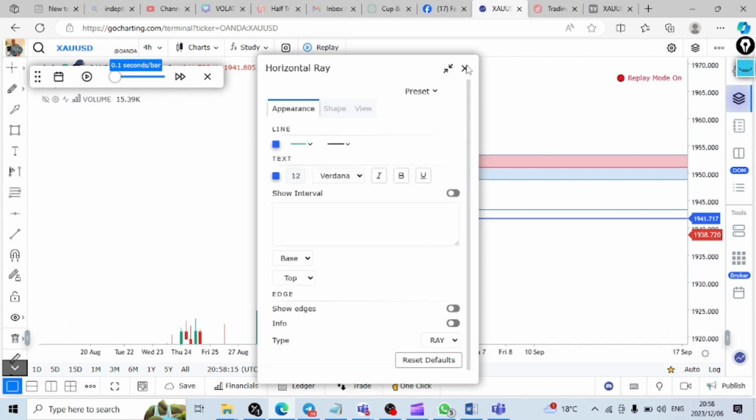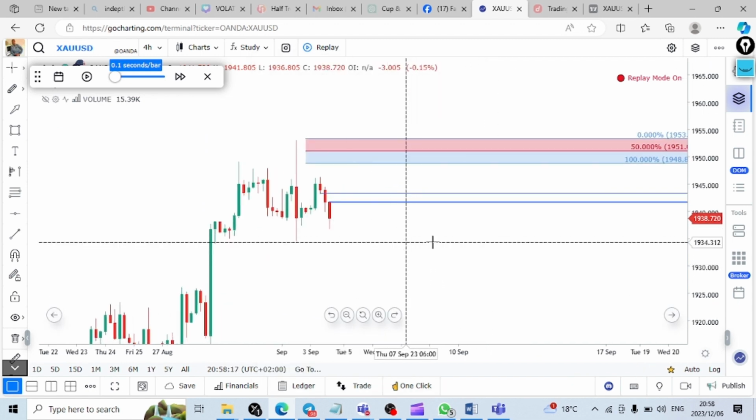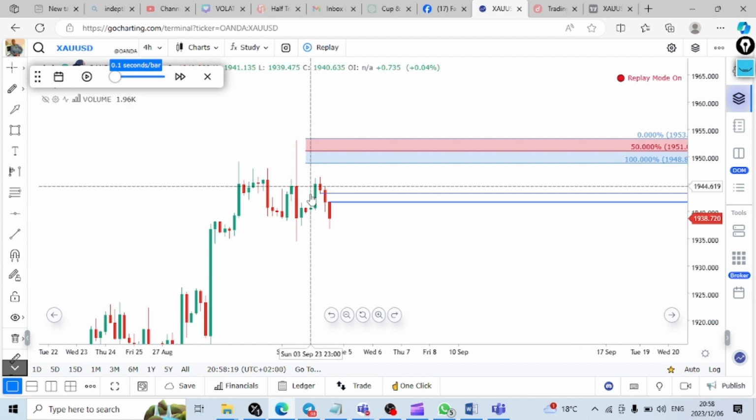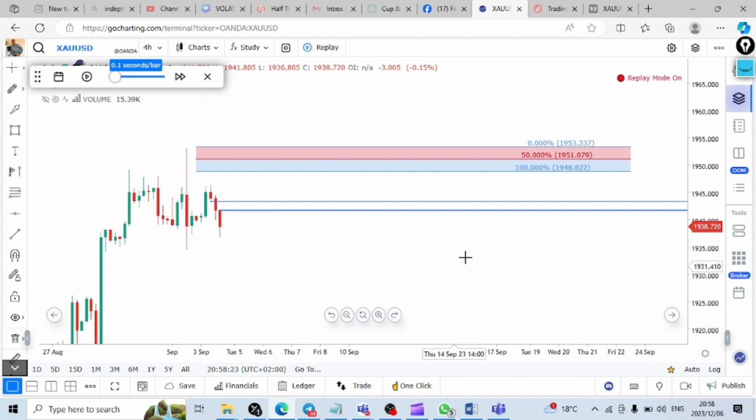So on that particular order block, we also had a fair value gap. So this fair value gap was valid. Why? Because there was an imbalance. Price had to come back and fill this imbalance.